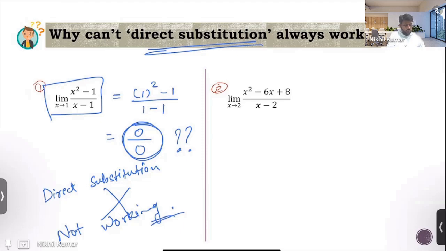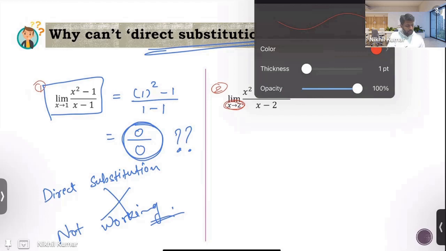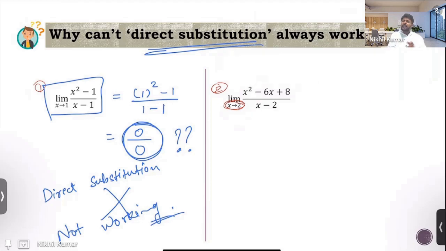Here, again, x tends to this value. X tends to this 2. Let me increase the thickness of the line a little bit. Okay, so x tends to this number 2. This is 2 square minus 6 into 2, of course, plus 8 upon 2 minus 2.